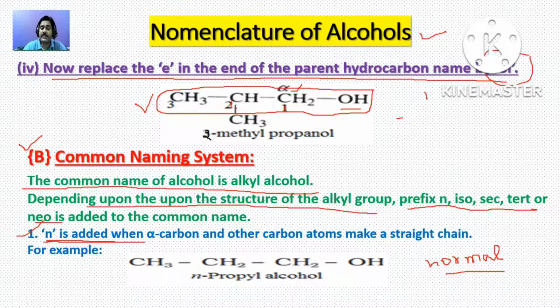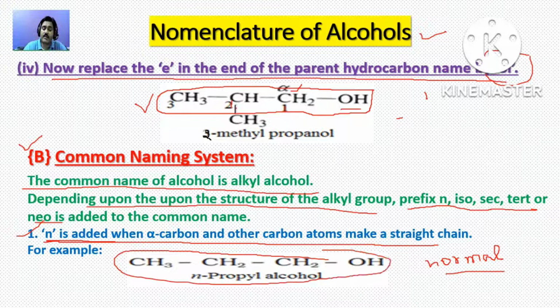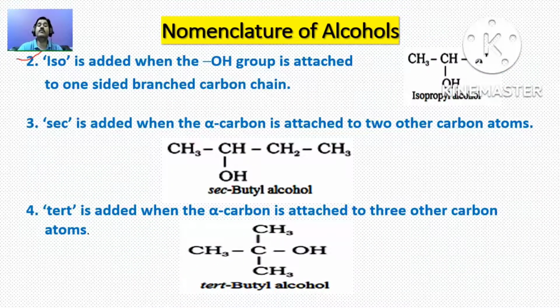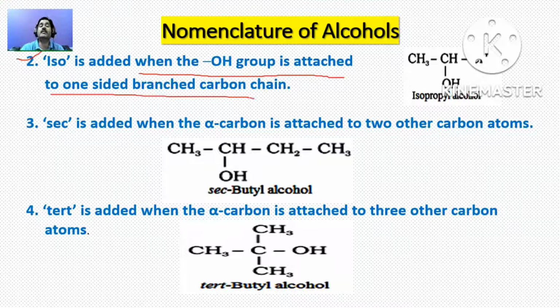N is added when the alpha carbon and other carbon atoms make a straight chain. That is a straight chain, and here the alpha carbon atom is part of it, so it is called n. N means normal: there is a straight chain, no branching. Let's see another. The prefix iso will be added when the OH group is attached to a one-sided branched carbon chain.